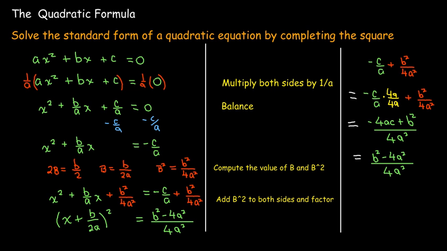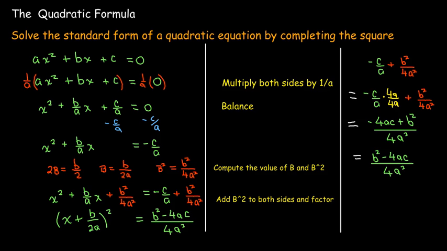That we'll get rid of and replace it with a c. That's what it should be. And over here we'll do the same. So now I have the binomial x plus b over 2a all squared equals b squared minus 4ac all over 4a squared.